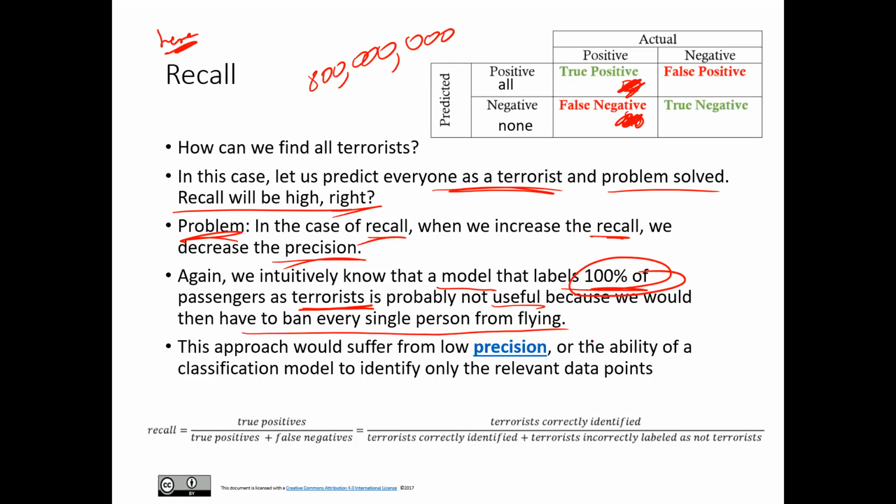So that doesn't work out. This approach therefore suffers from low precision. We found everyone, but it's basically garbage because we can't do anything with it. Precision is the ability of a classification model to identify only relevant data points. We didn't succeed with that.